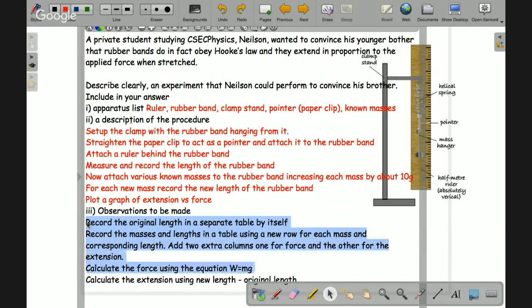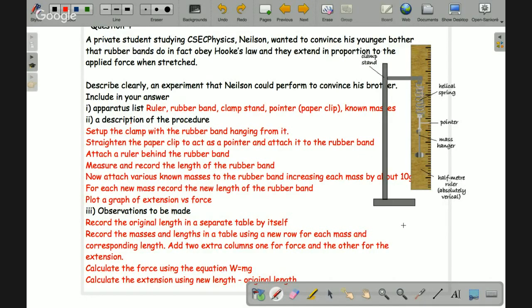Okay, so record the original length of the spring in a separate table by itself. We want to record the masses and the lengths in a table using a new row for each mass. And all you need to do really is just draw a quick table just so that you can show them that you know what you're talking about, right?